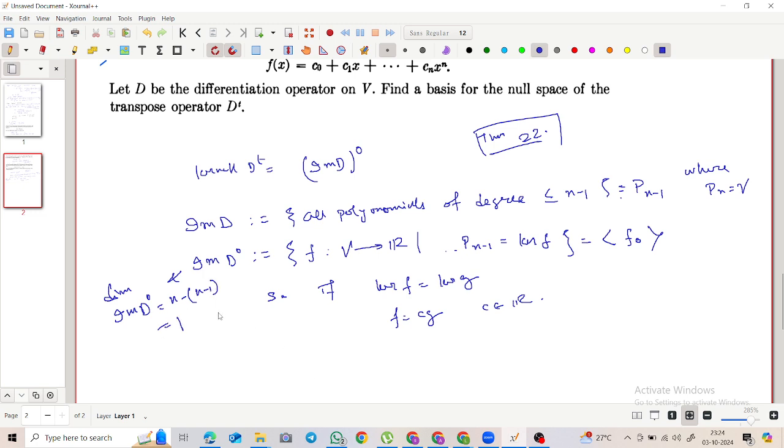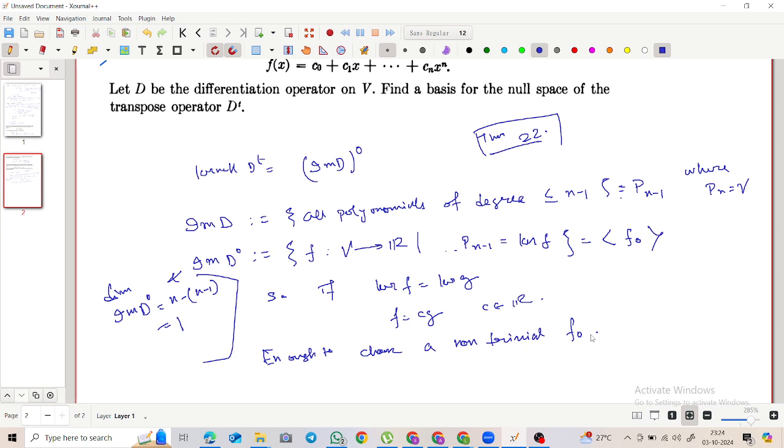Okay, right? So again this is a scalar multiple of a single F naught. So it is enough to choose a non-trivial F naught, that is an F naught which is not identically 0.